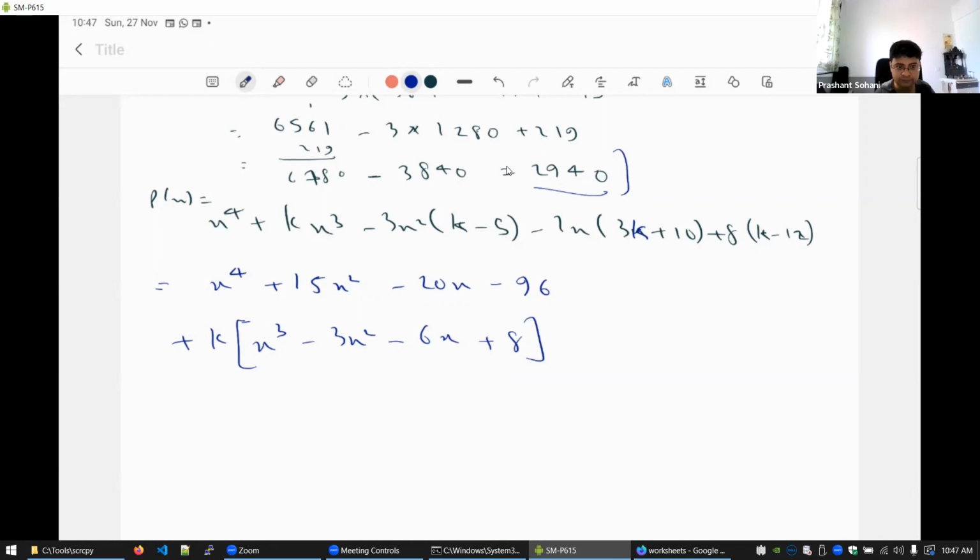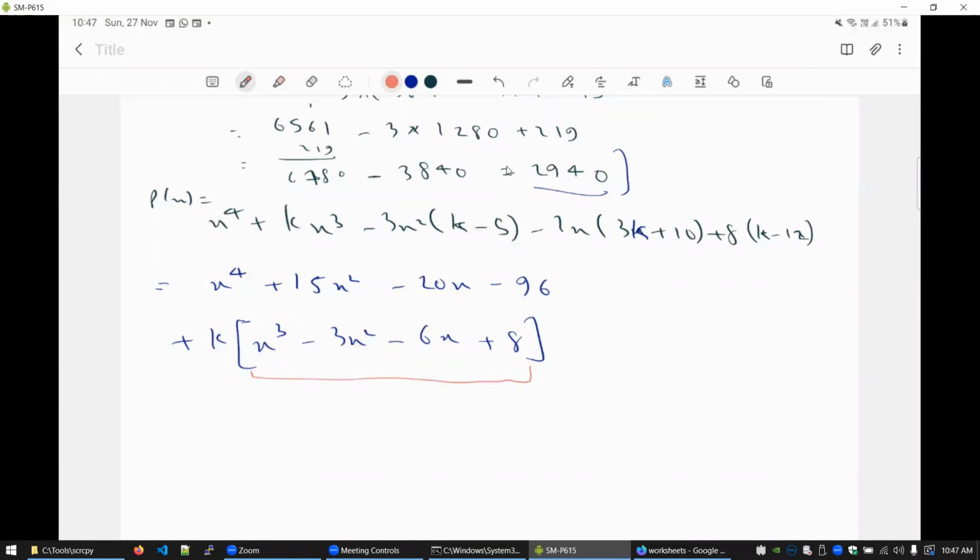Now I want you to pay close attention to the part inside the bracket. It's a cubic, so we cannot directly solve it, as the formula is too complicated to apply. But just by pure observation, can you guess one root for this part?